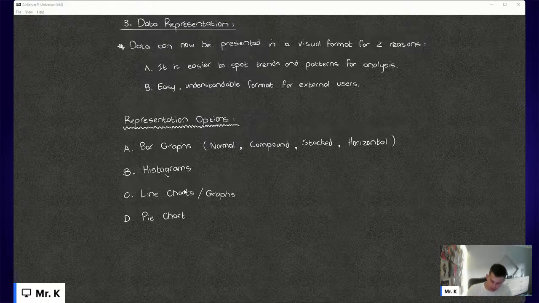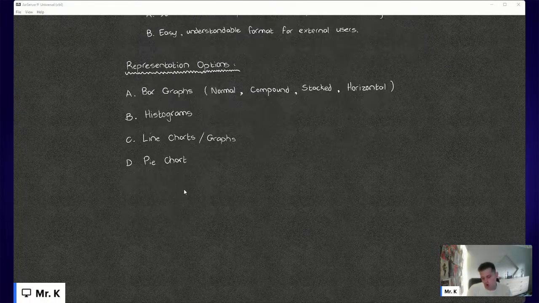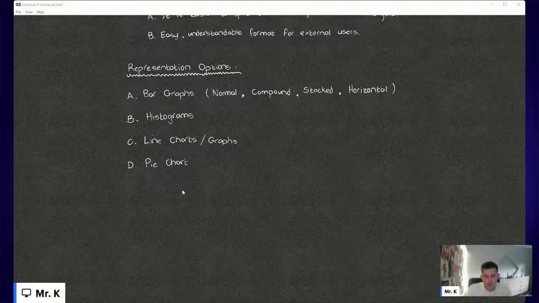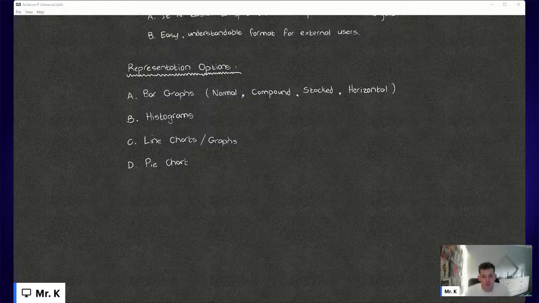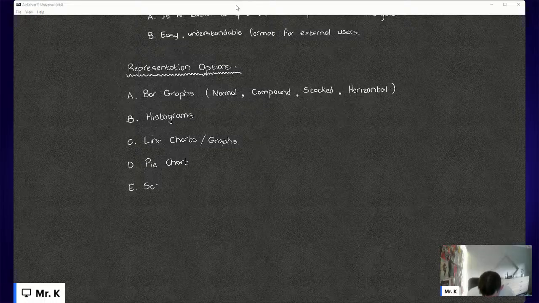Representation options. So we can sort of draw or show our information using these methods that we've just listed. Right, another very popular one, guys, that I've just remembered now is a scatter plot.